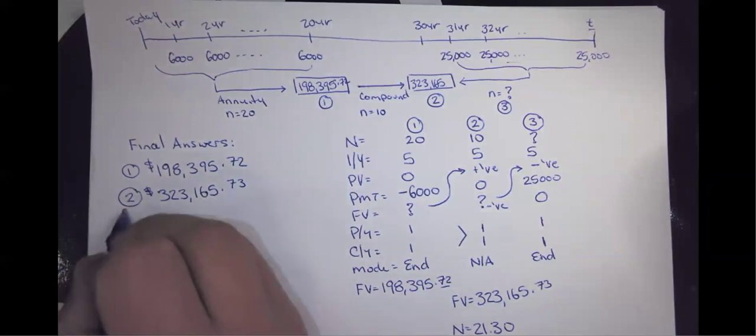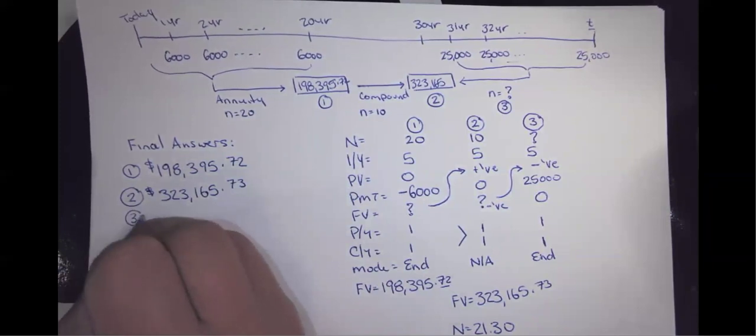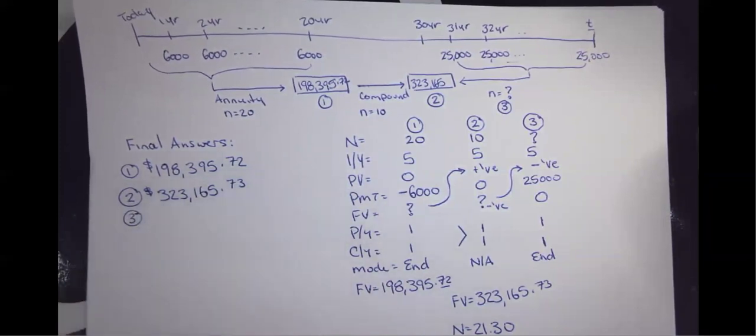And question 3, how many years will Maria be able to withdraw her $25,000 annually before the RRSP is depleted? Well, we found our N to be 21.3.